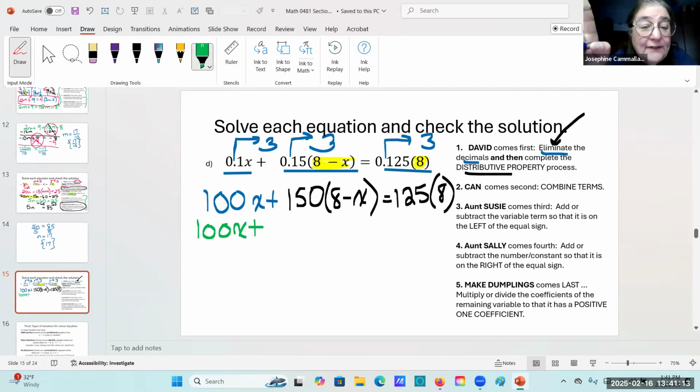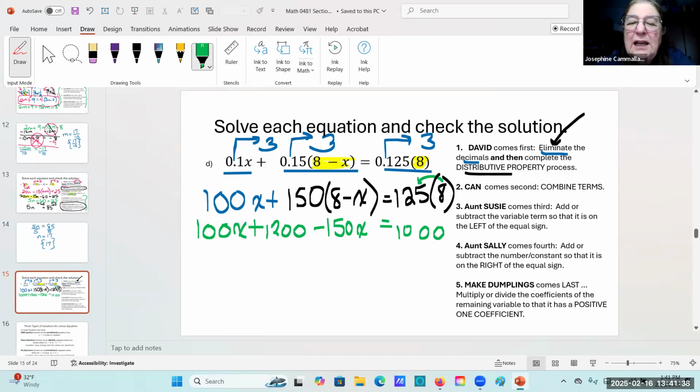Now, 150 times 8 is 1200 minus 150x equals, now 8 times 125 is, I think, 1000. Yep. Combine terms.